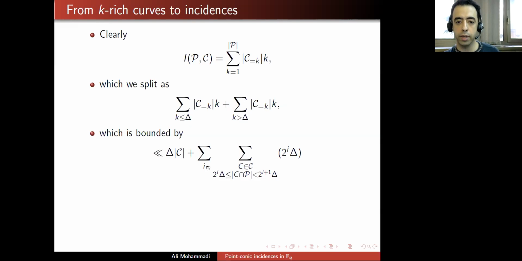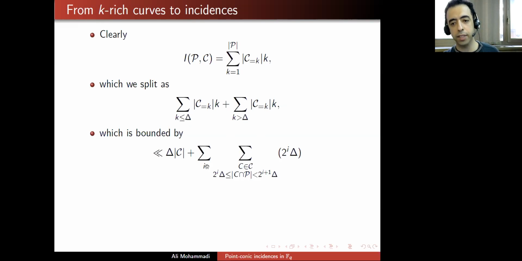This I is taken from 0, since P is larger than 2 to the 0 delta. And this goes to around log P over delta, so that the upper bound ultimately meets P.